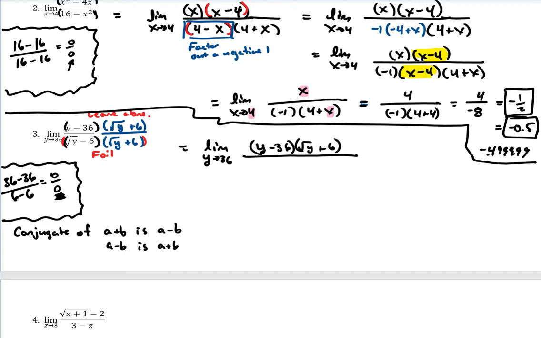So when I FOIL, square root of y times the square root of y is just y. We can see that with numbers. Square root of 9 times the square root of 9 will be just 9 because the square root of 9 and the square root of 9 kind of cancel each other out.